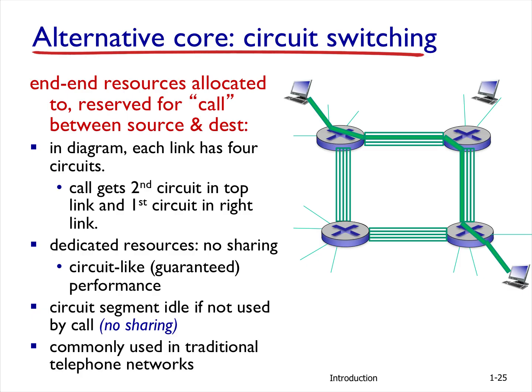So let me ask you a question. If I go through this link and this link allows, so assume that I connect from here, and this link allows me something like 10 megabits per second, right? That's the speed of this link.